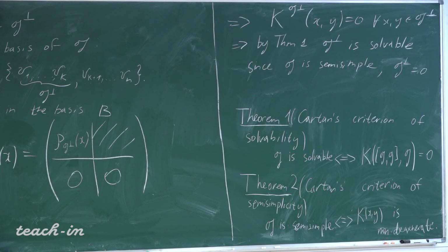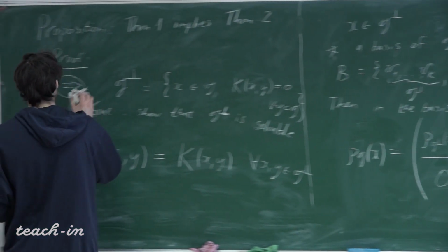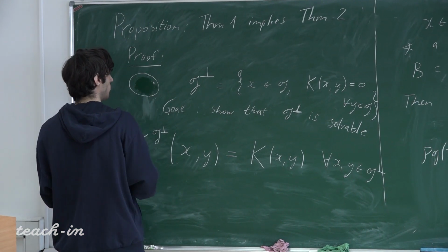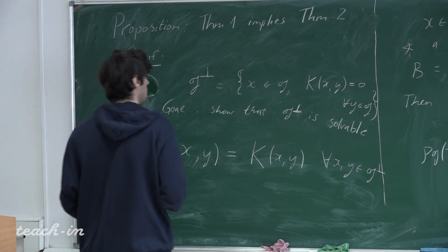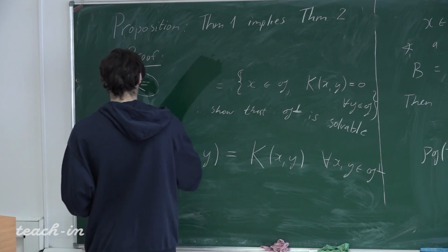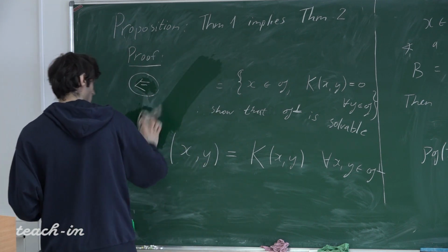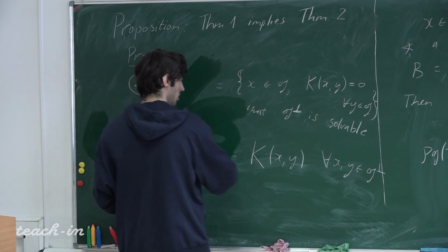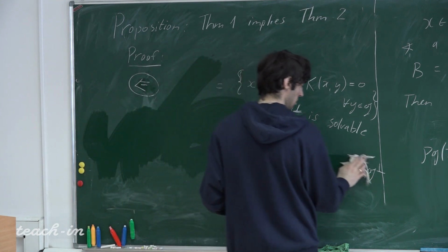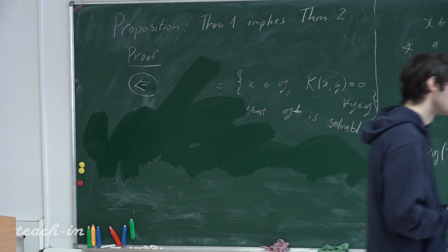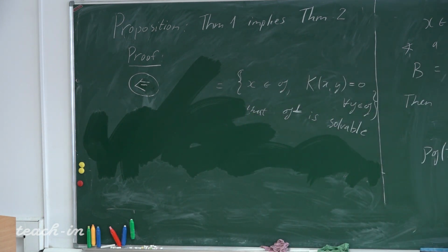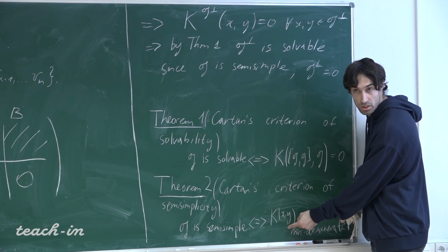Let's prove the other way. The other way is actually easier. So we assume that this thing is non-degenerate. The Killing form is non-degenerate.